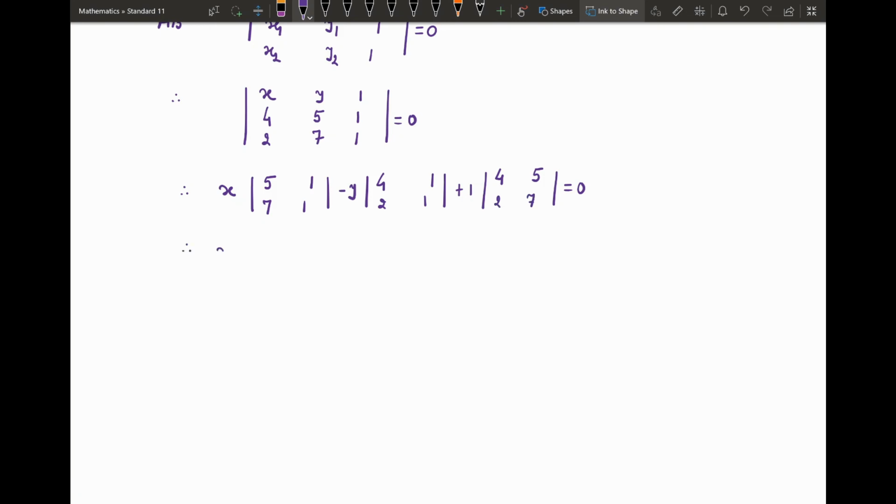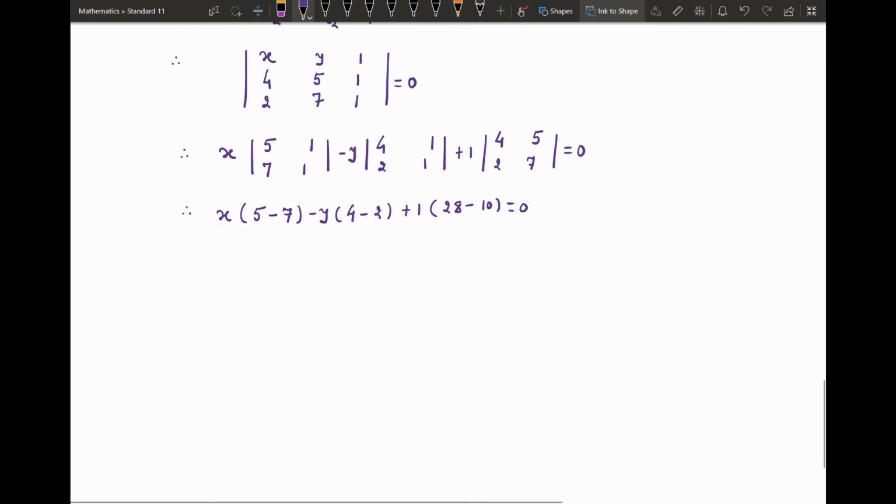So let us simplify. x into 5 minus 7, minus y into 4 minus 2, plus 1 into 28 minus 10, equal to 0.